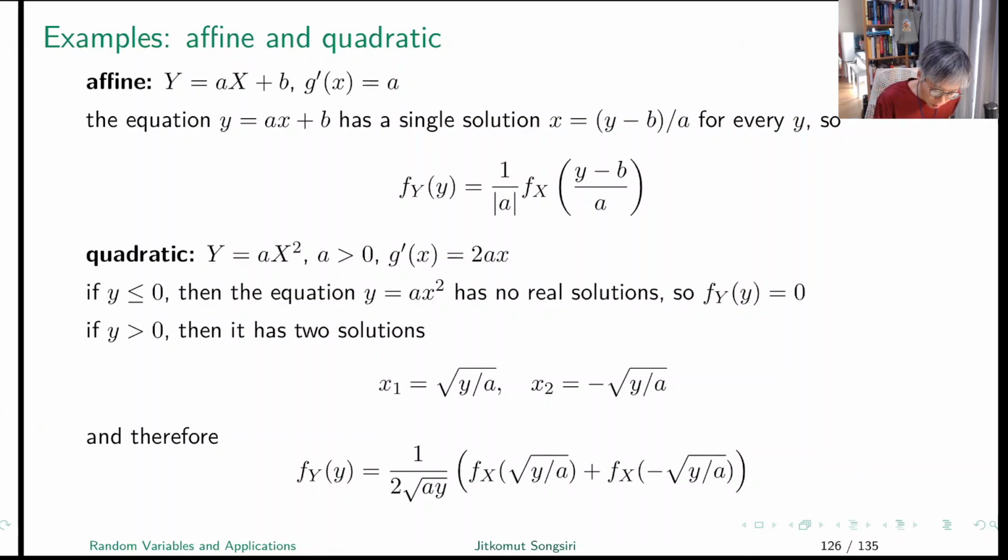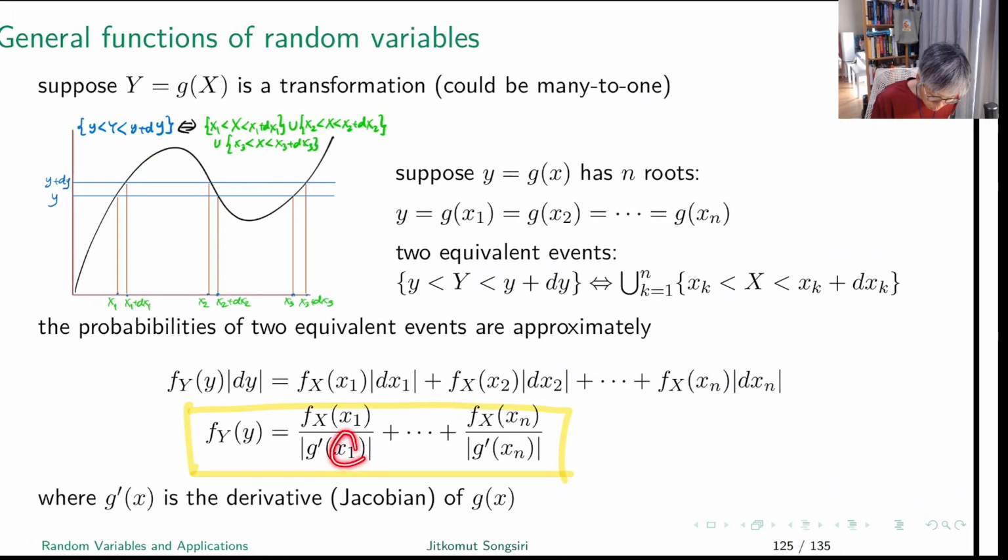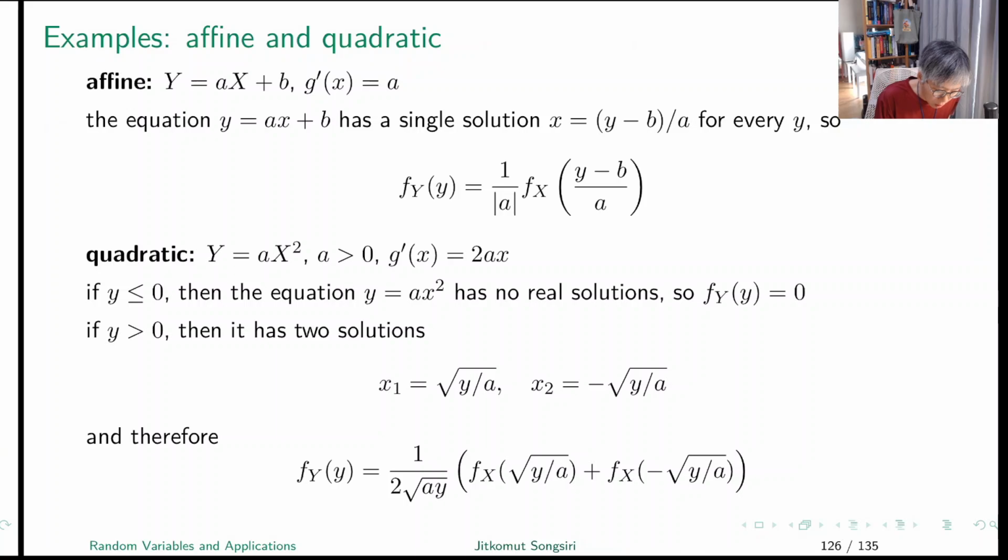Okay. When g is affine, the derivative is very simple. It's a, all right. And the next step is you have to solve for the n roots. But for an affine function, it is a one-to-one mapping, so it has only one solution. Whenever y is ax plus b, you can solve. You can take the root that x is (y minus b) over a.